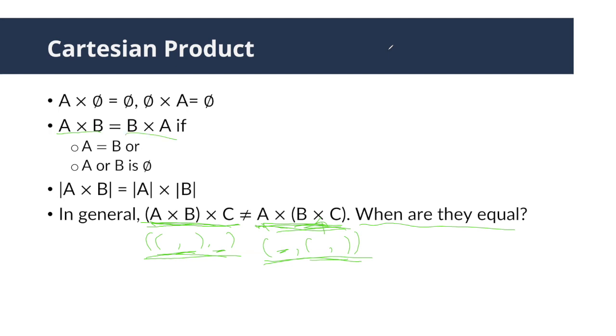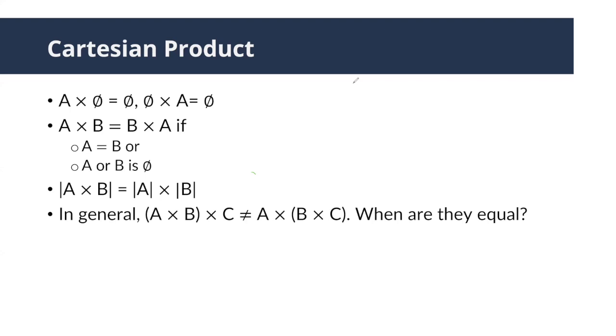So when can they be equal? The answer is, as long as one of A, B, and C is empty, these two will be equal. Why? Because as long as one of them is the empty set, this will be the empty set, and this will be the empty set as well.